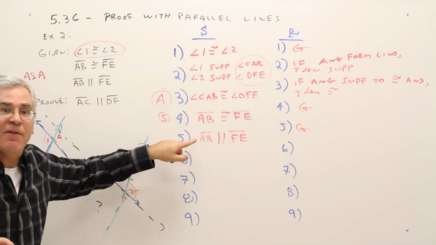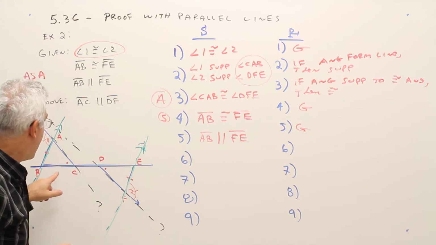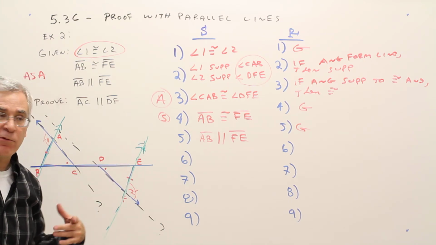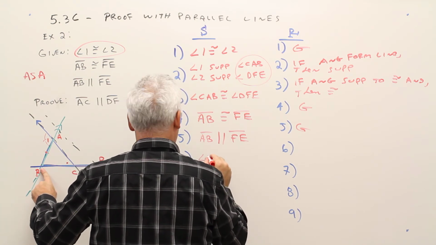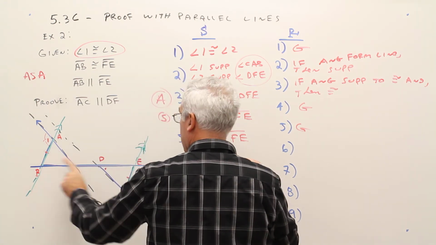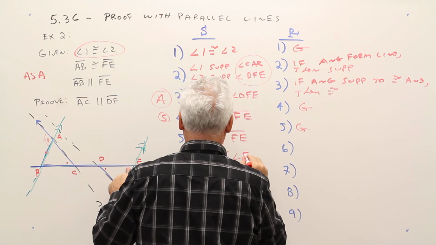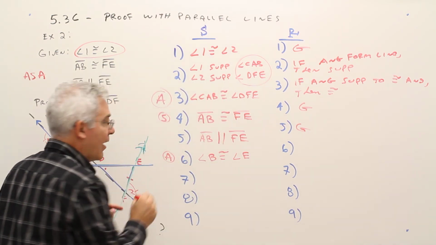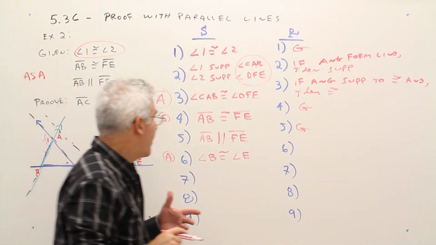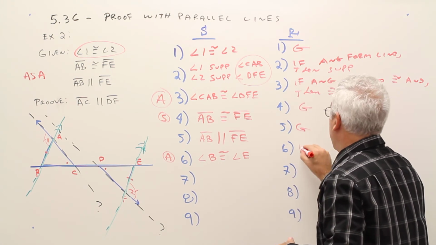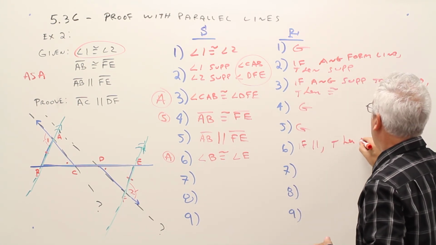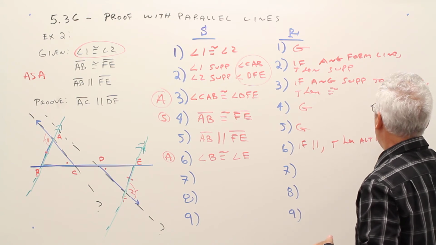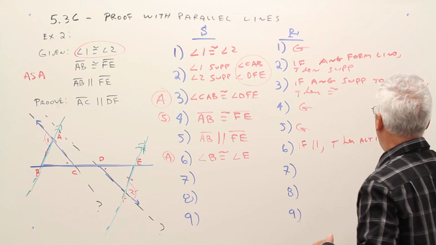And then based off of that, I'm going to get those angles I was talking about. And you could just use one letter, there's no angle confusion. So I could say angle B is congruent to angle E. That's going to be my angle part of ASA. And I'll say if lines parallel, then alternate interior angles are congruent.